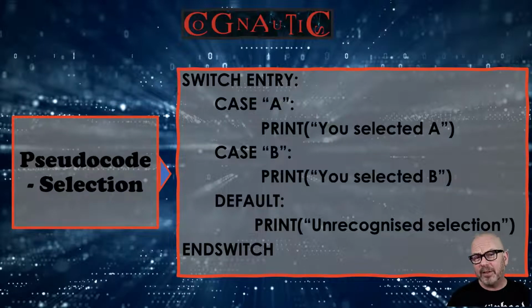This is the second flavour of selection, which you can use to answer a question if you like, but at the very least you need to be able to recognise this. So this is the switch case, switch entry. And again, case A, print you've selected A. Case B, print you've selected B. But the default is the catch-all at the end, which is going to be print unrecognised selection.